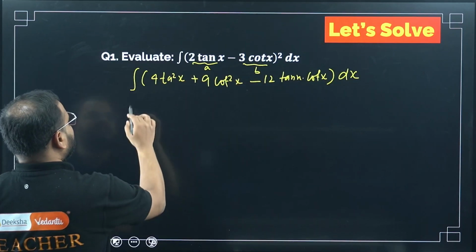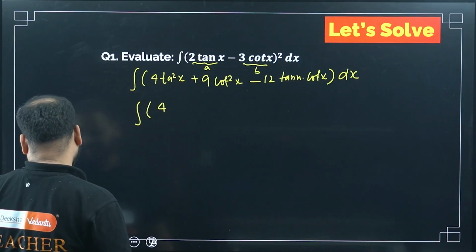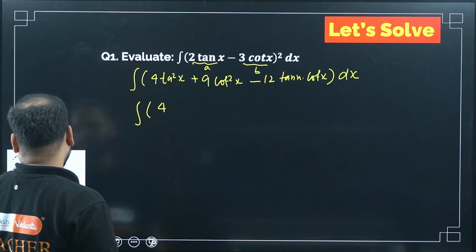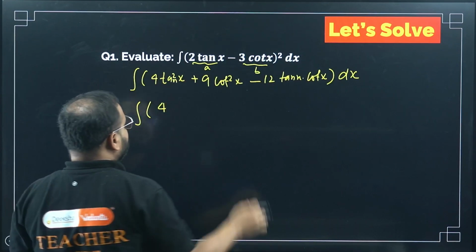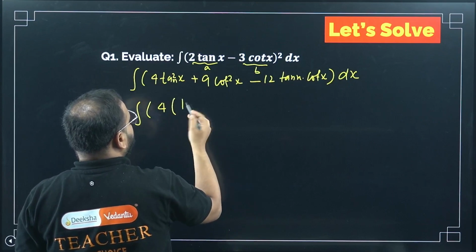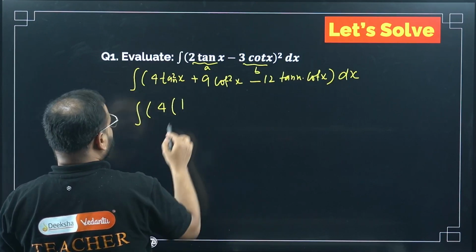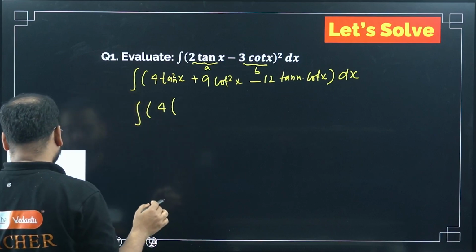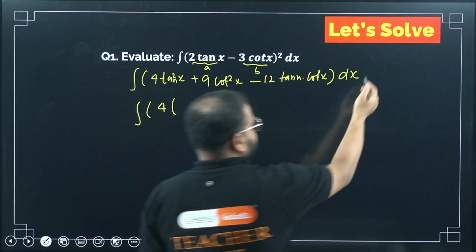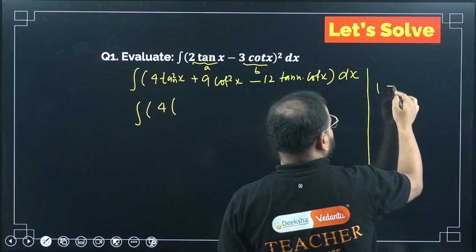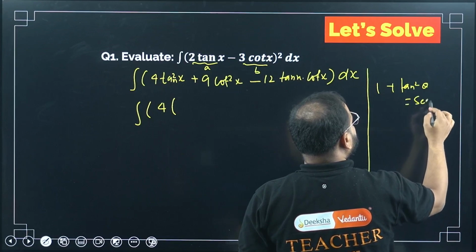In the next step, integration of 4 as it is, and this tan square x as what? Please check. 1 plus tan square theta is sec square theta, an identity.